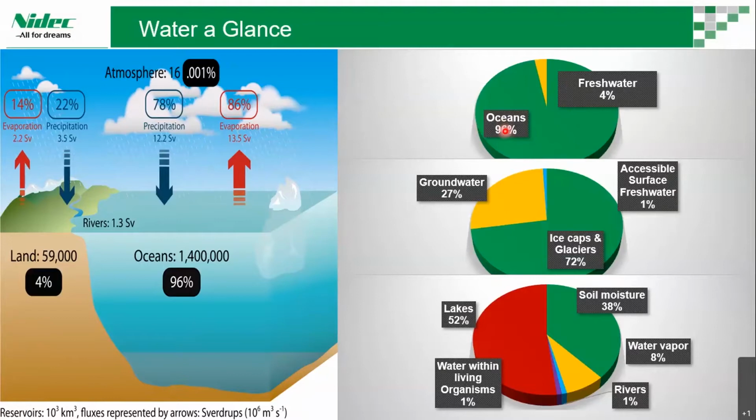In the pie chart, ocean water is 96 to 97% and fresh water 3 to 4%. Fresh water splits into groundwater 27%, ice caps and glaciers 72%, and accessible surface fresh water 1%. Of that, soil moisture is 38%, accessible fresh water 52%, water in organisms 1%, rivers 1%, and water vapor 8%.